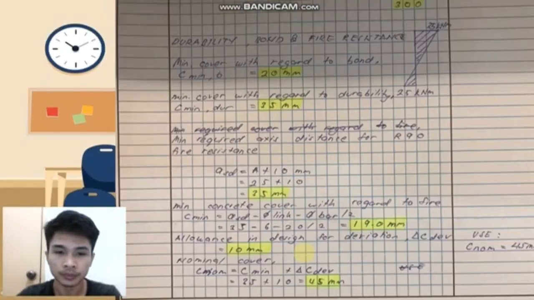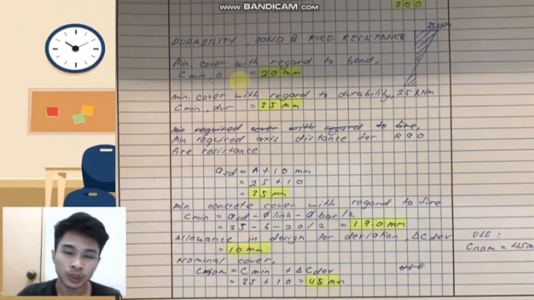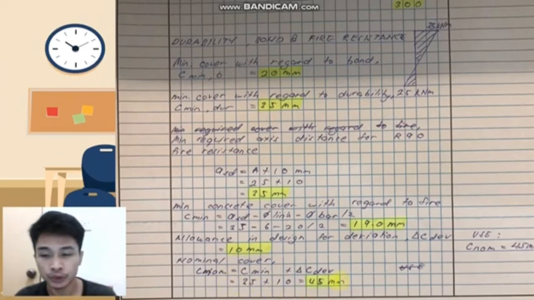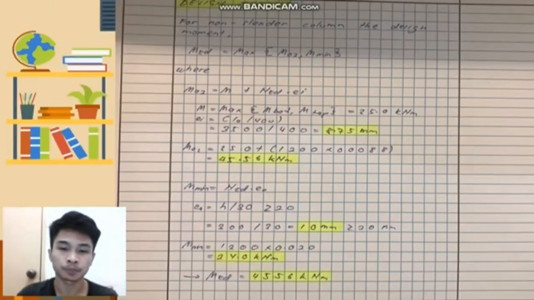For durability, bond and fire resistance, Cmin equals 20 mm, Cmin,dur equals 35 mm, Cmin equals 90 mm, allowance for deviation 10 mm, so e0 equals 45 mm, so use e0 45 mm.